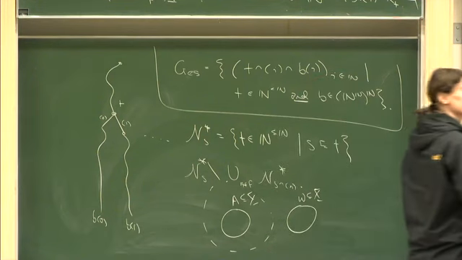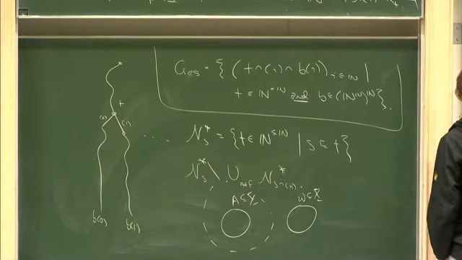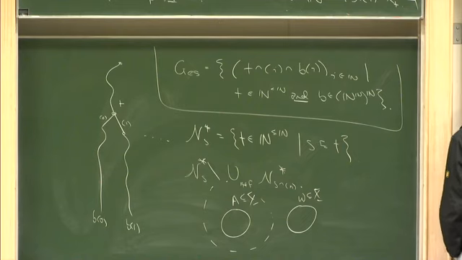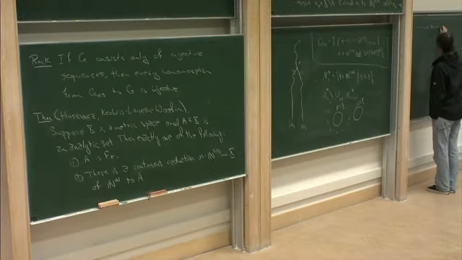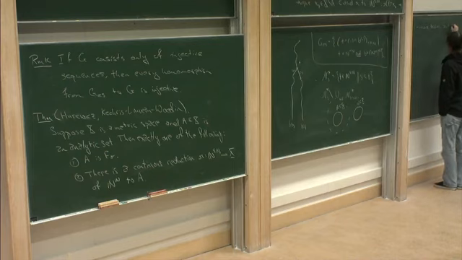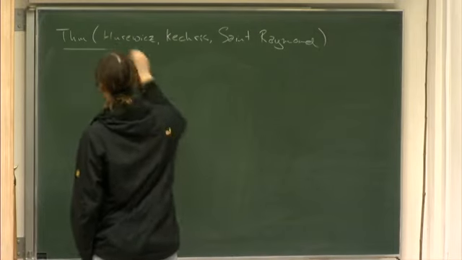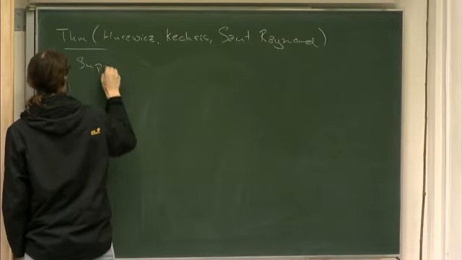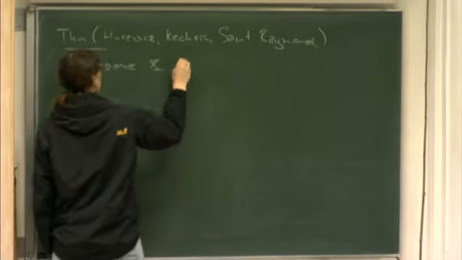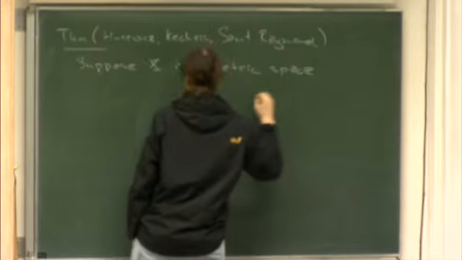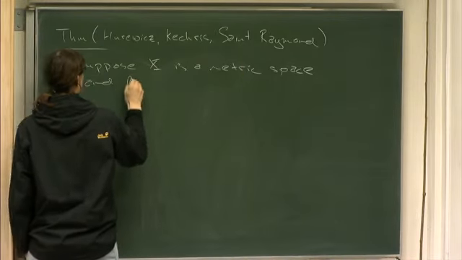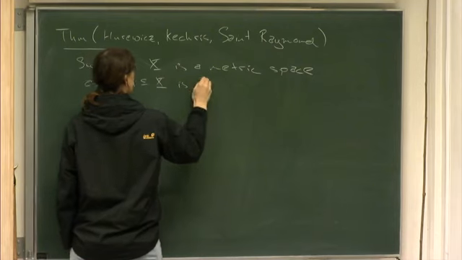There's also the K sigma dichotomy, which I'll mention briefly. That's due to Hurewicz, Kechris, and Saint-Raymond. Again, suppose X is a metric space and A is analytic.